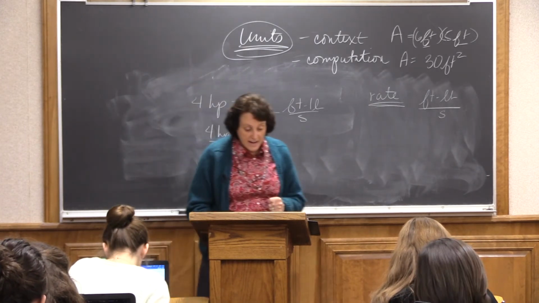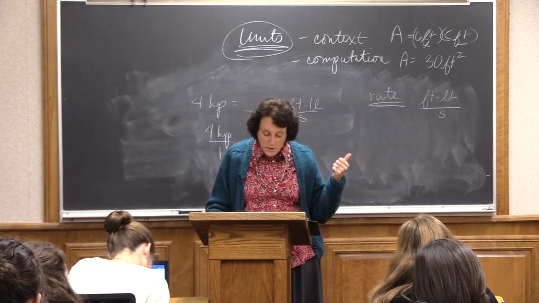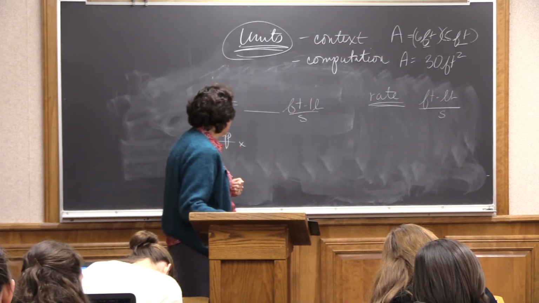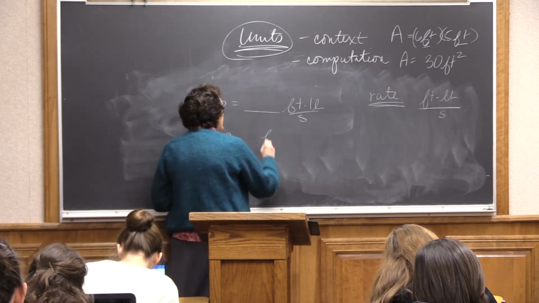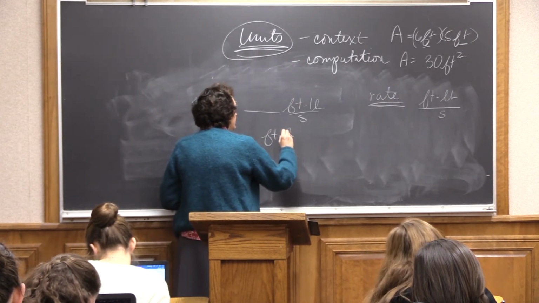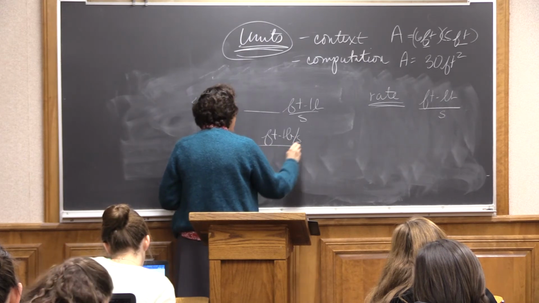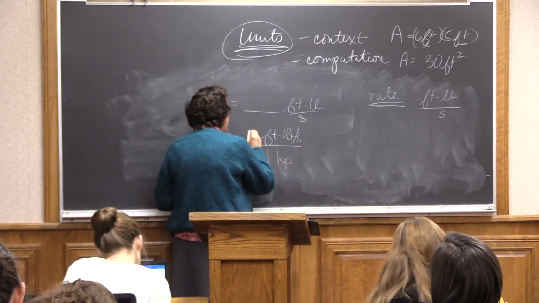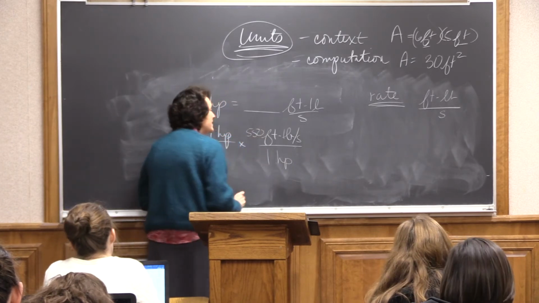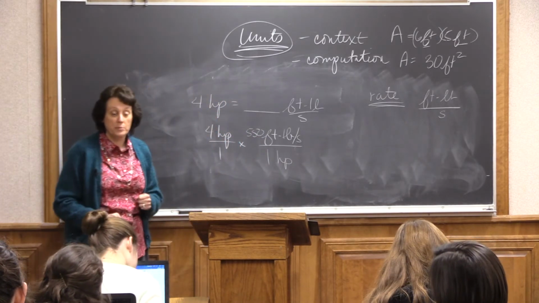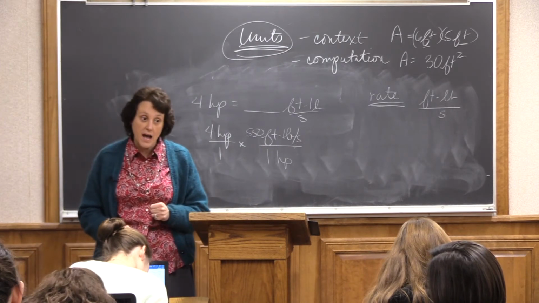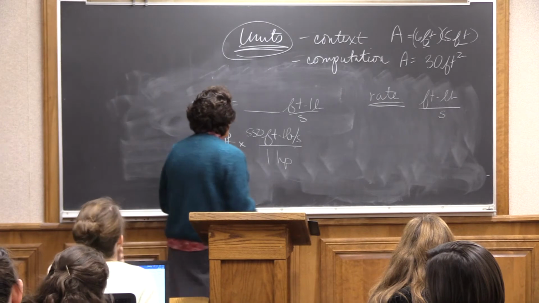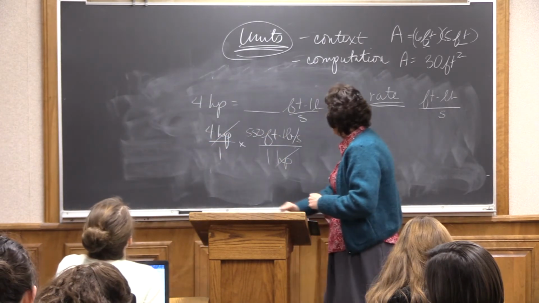I know I just erased it, but 1 horsepower is 550 foot-pounds per second. So I want my foot-pounds per second to remain, and I want my horsepower to cross-cancel. So this will be a multiplication, not a division. So my answer is going to be 4 horsepower cross-cancels.